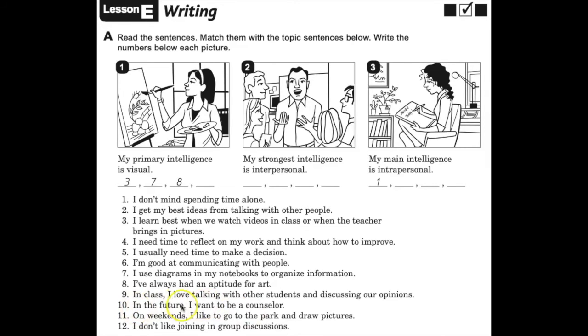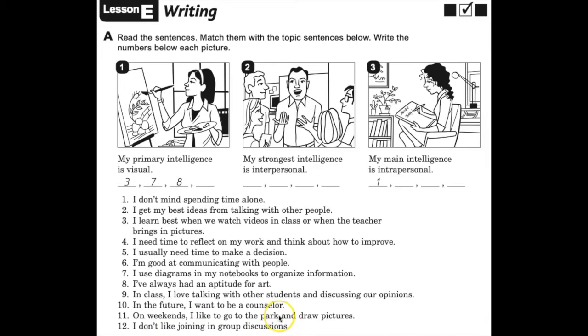So in the future, I want to be a counselor. Number 10, is that visual, interpersonal, intrapersonal? On weekends, I like to go to the park and draw pictures. Visual, interpersonal, intrapersonal? And number 12, I don't like joining in group discussions.